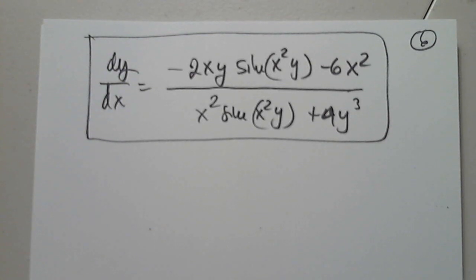So this is implicit differentiation, and that was section 3.5.